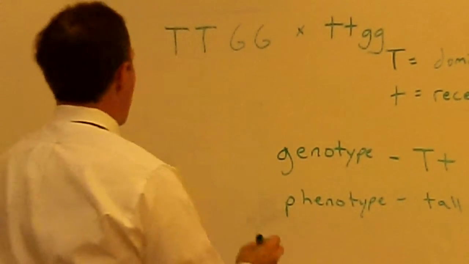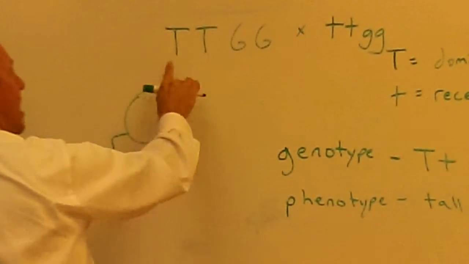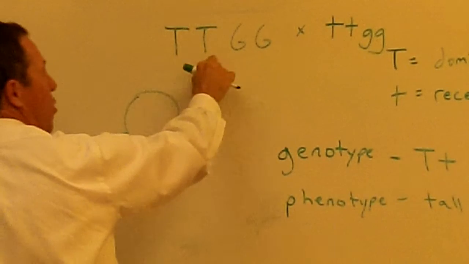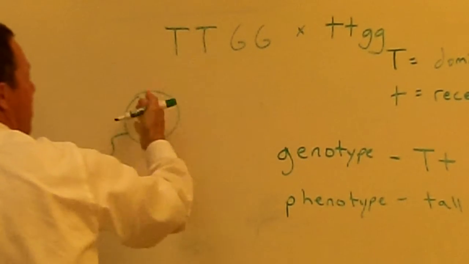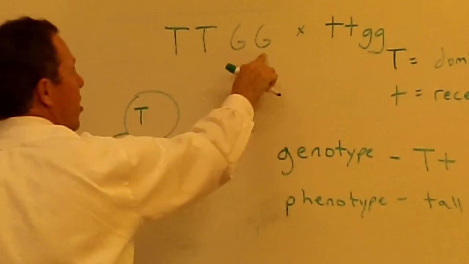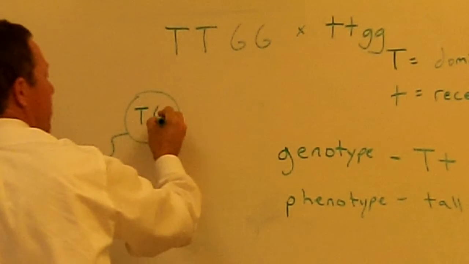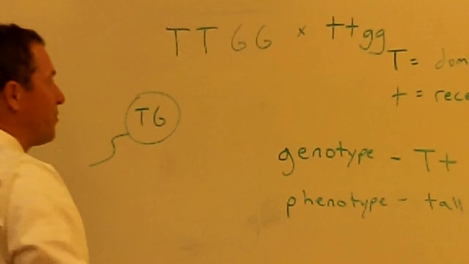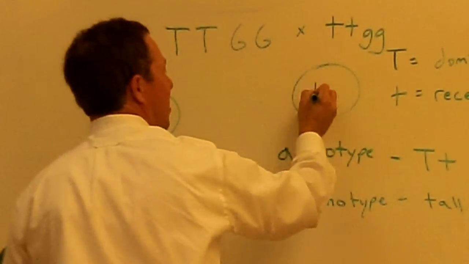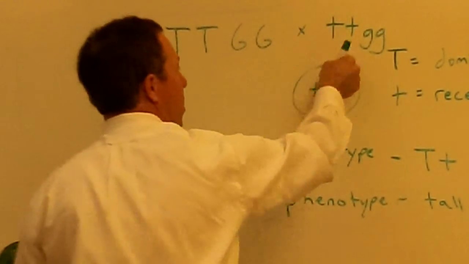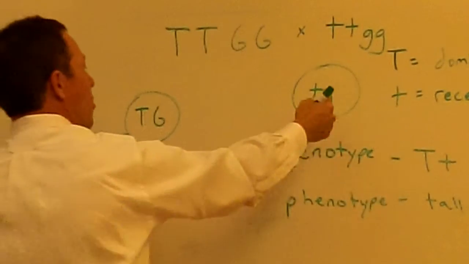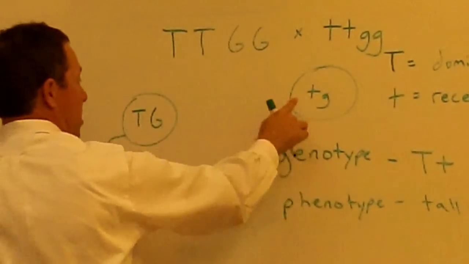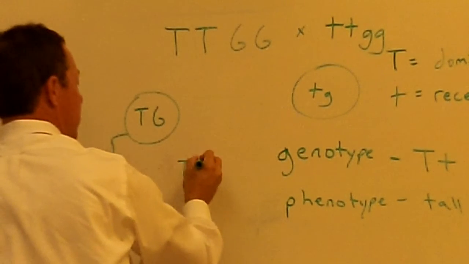But a single sperm cell gets one of each pair. So a sperm cell will get one of those two. It's got to be the big T. In order to get one of those two, it's got to be the big G. This other cell gets a little t and a little g, obviously, one of each pair. And so when you combine those, you put the two t's together, big T, little t.